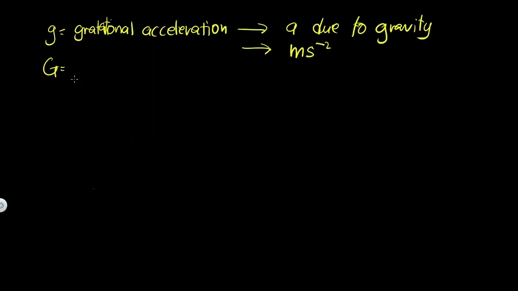G, as we learned in our previous lesson, capital G here is the gravitational constant. Okay, here we have the word constant. That means the value is always the same, no matter where we are or when we are.